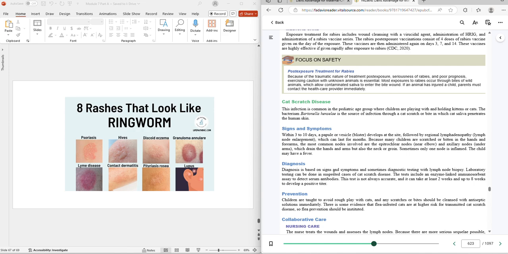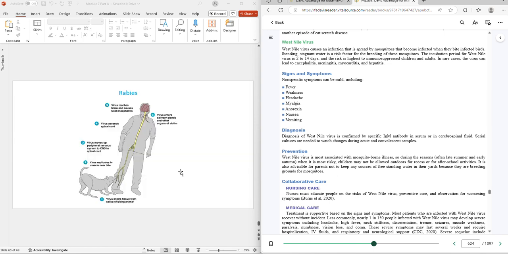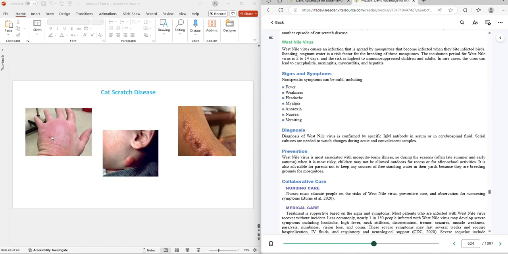So just make sure you read on that. And this is the rabies here, which affects that central nervous system. And then the cat scratch, you see the swollen lymph nodes here and how it blisters up on the side.